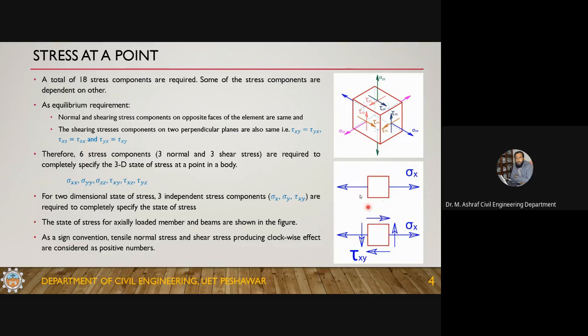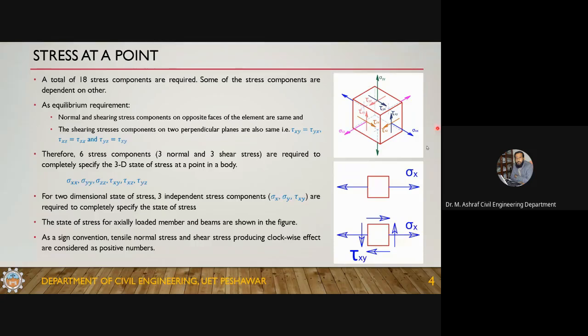Though the loads are acting in the y direction, they produce no stresses in the y direction. The lateral forces produce bending moment, and bending moment produces the stresses in the x direction. Load is acting in this direction, but stress is produced in the x direction.